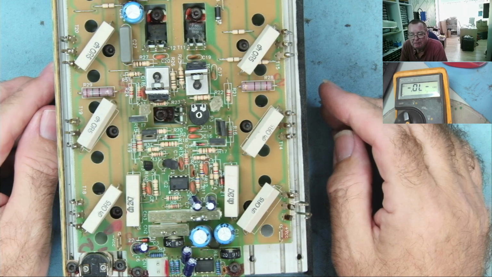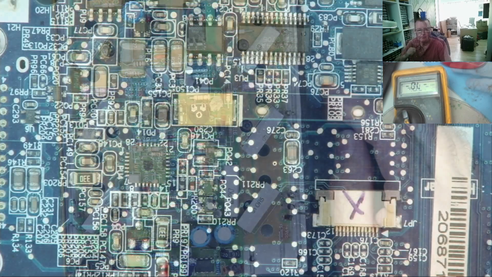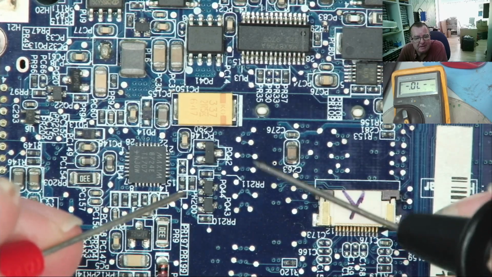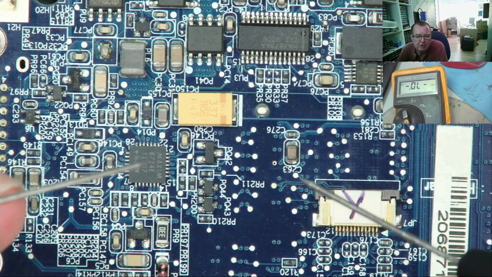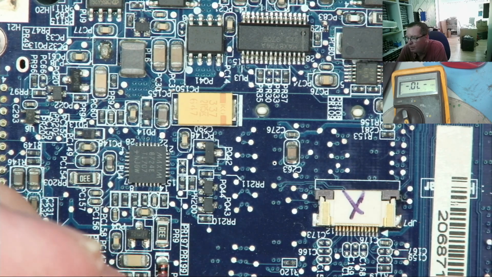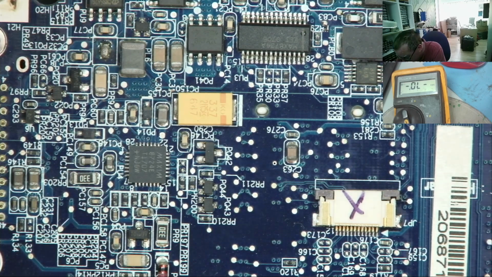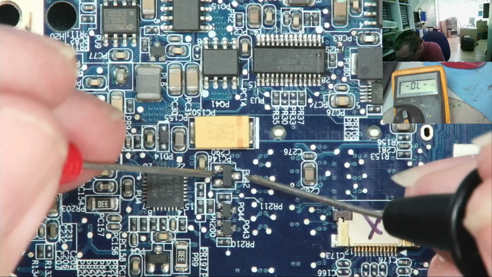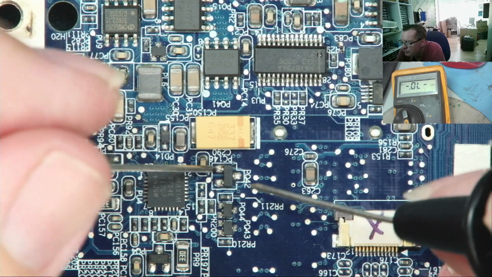Let's look at some surface mounted devices. Well, we have a few here. These are marked PQ, so we can pretty much say Q. They are either bipolar transistors or MOSFETs. Let's see if we can figure out what they are. So this one, this will be the base or the gate.